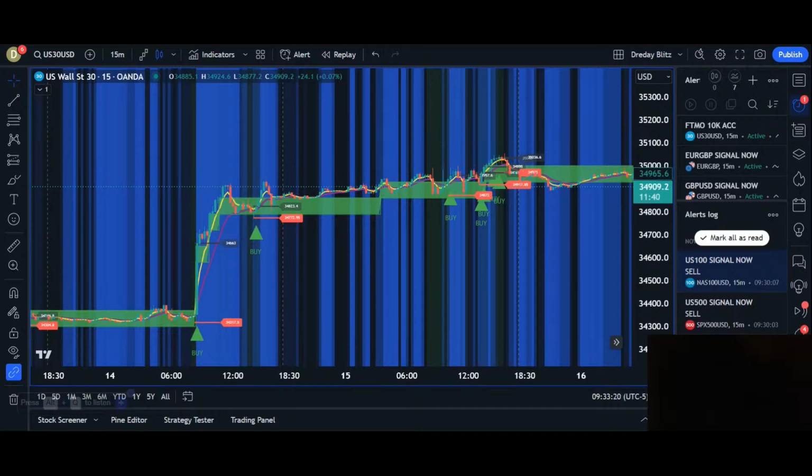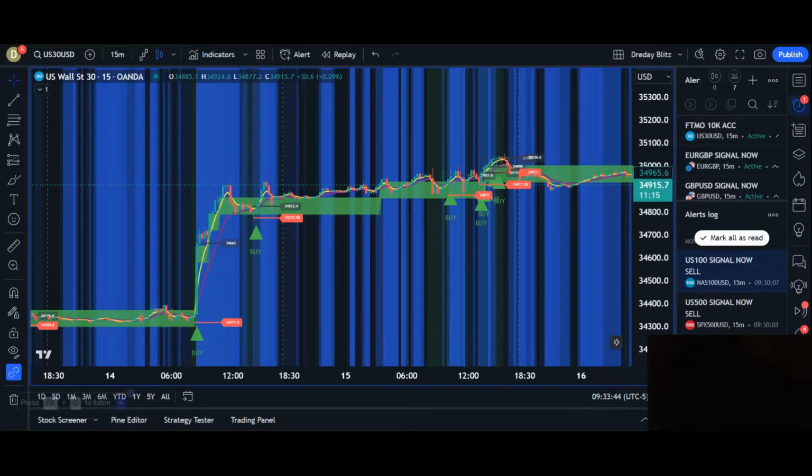I'm still able to do a few things here on my live and give you some pointers on what I'm seeing. It's one of the reasons why I created this indicator: I don't want to be on the screen 24/7 trading any currencies.